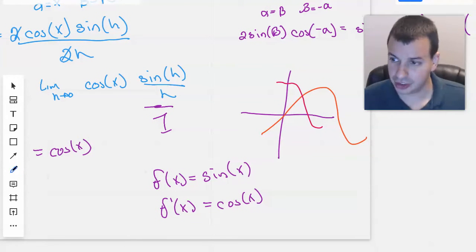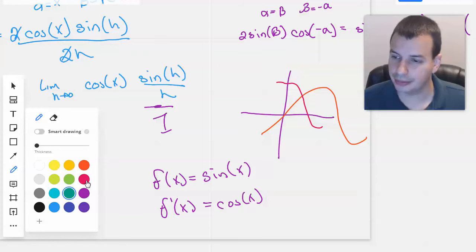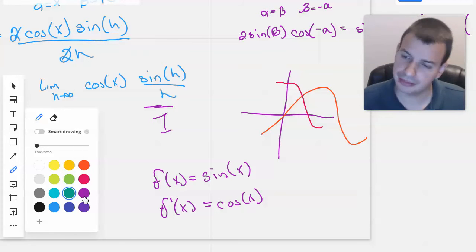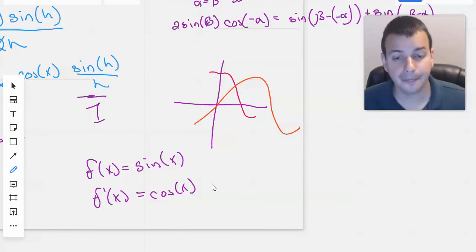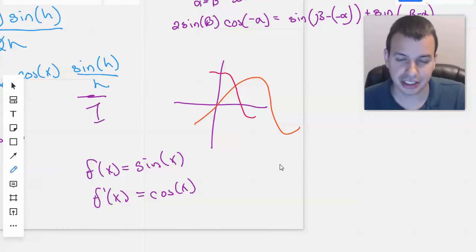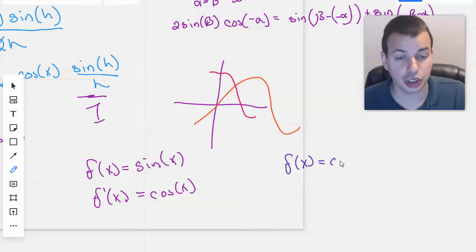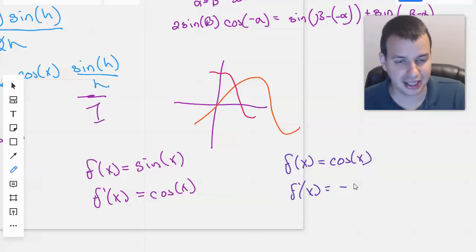And the reason why it's good to remember is, on a slight tangential note, if f of x equals cosine of x, then you get f prime of x equals negative sine of x.